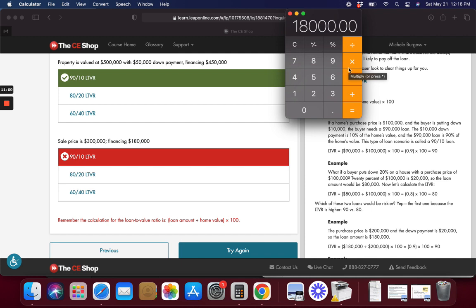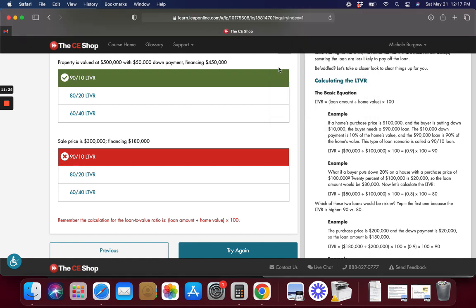Did I key that in right? No, I don't think I keyed that in right. 180 divided by 300,000 equals, so it'd be 60, 40, maybe, times 100, be 60. 60, 40. Okay.